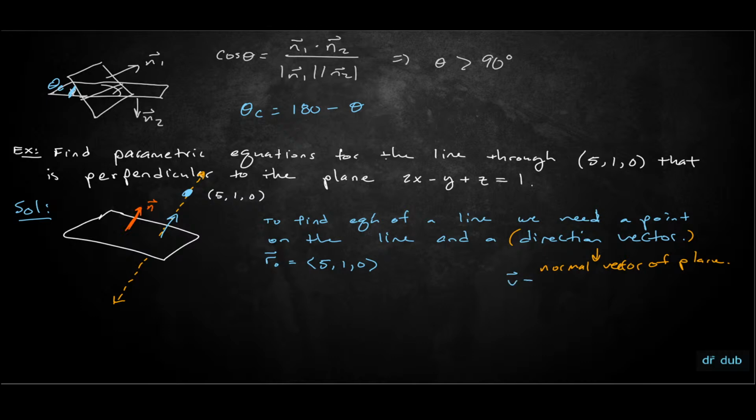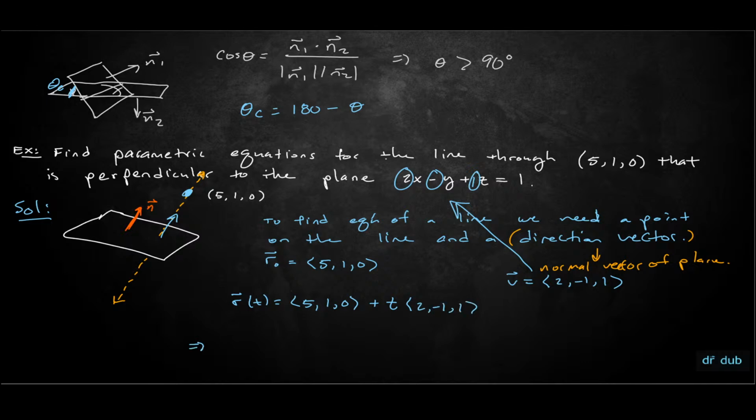So our direction vector v, we used to call it, is just going to be 2, -1, 1. So we look back at our plane equation to get that normal vector. Once we have those, we can get our vector equation for the line, r of t equals 5, 1, 0 plus parameter t times vector 2, -1, 1.